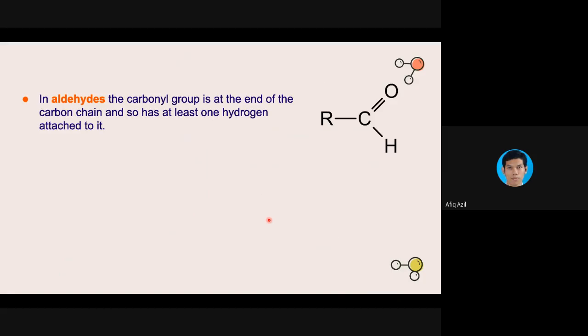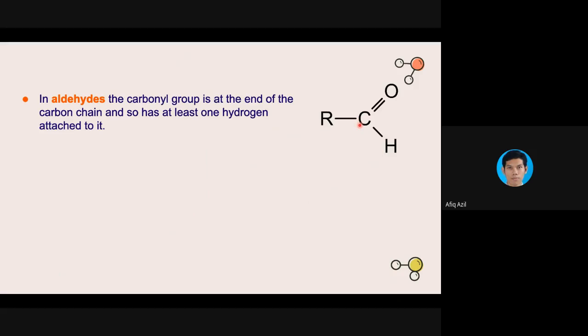In aldehydes, the carbonyl group is at the end of the carbon chain and so has at least one hydrogen attached to it. So you have this C double bond O, but one side of the bond must be hydrogen because the C double bond O will be at the terminal carbon.